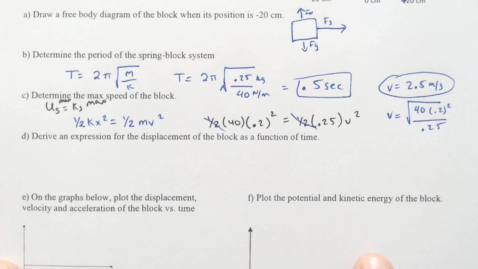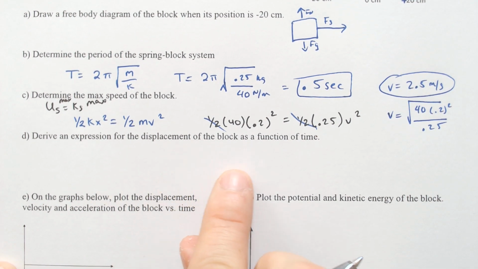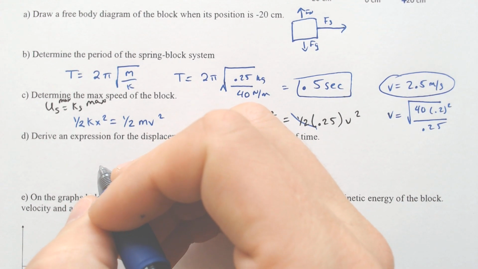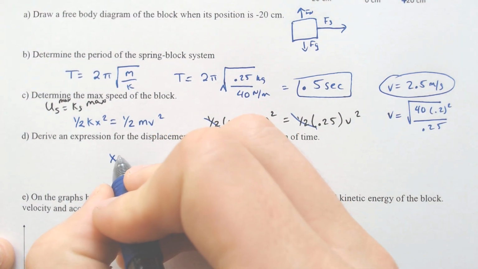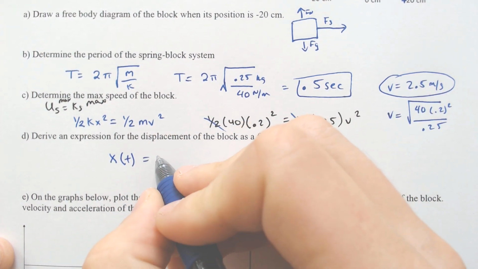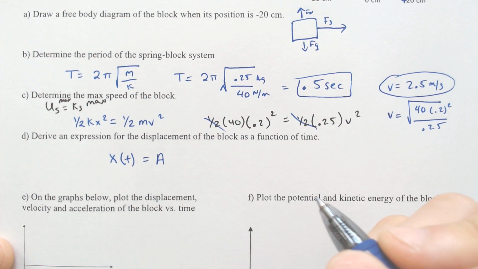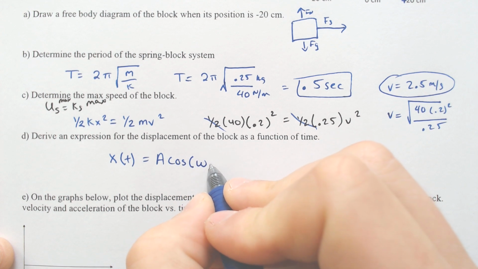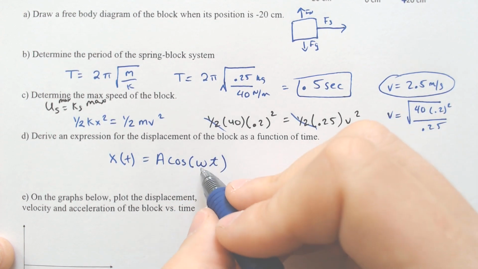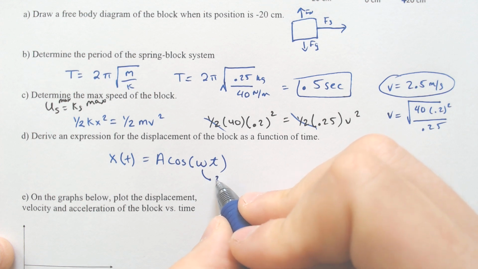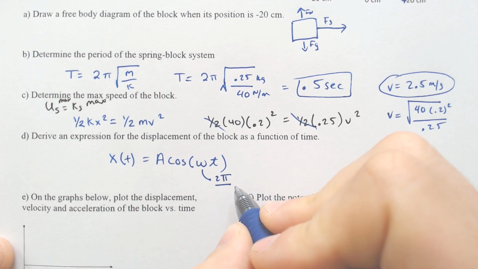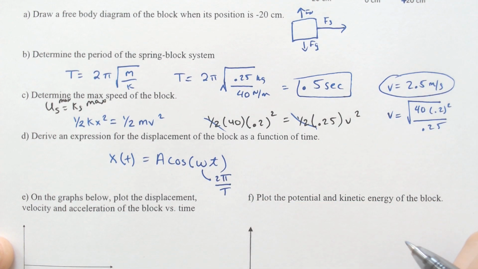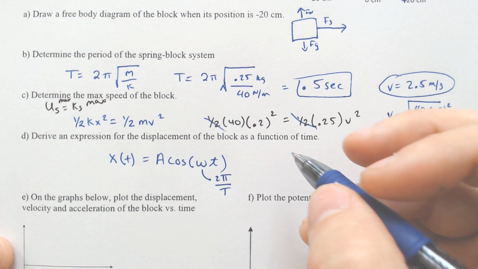All right? Derive an expression for the displacement of the block as a function of time. Well, in the previous episode, we learned that there is a formula for that. It's called x of t is equal to the amplitude, or the x displacement, times cosine of omega times t, and that omega is 2 pi divided by the period.